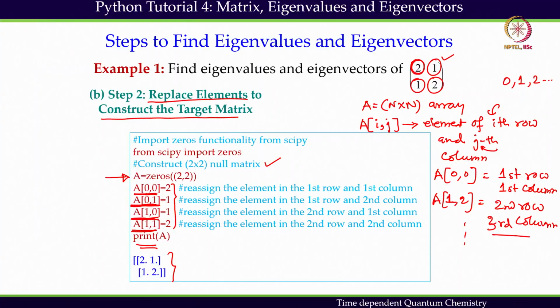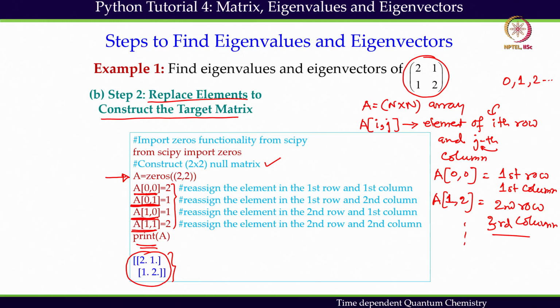So, I will go back to the slide. So, I have constructed now this entire matrix, and the way Python shows it with the help of arrays, this matrix will be represented in Python with the help of double brackets. And we have constructed the matrix right now.